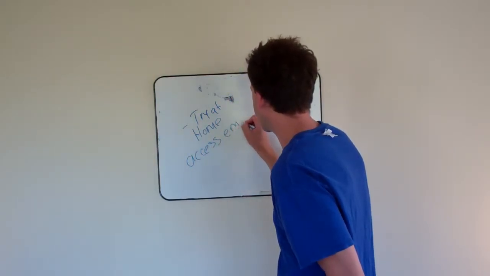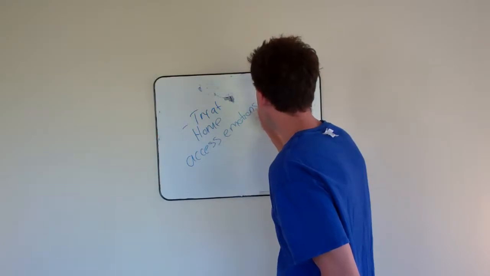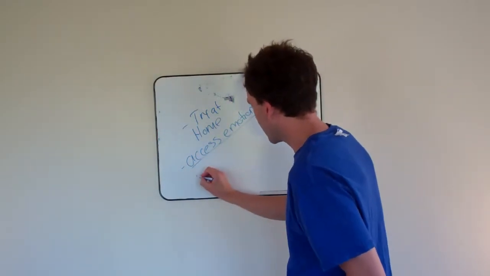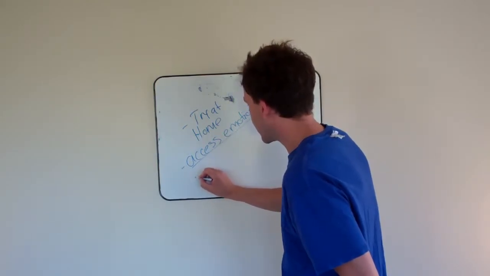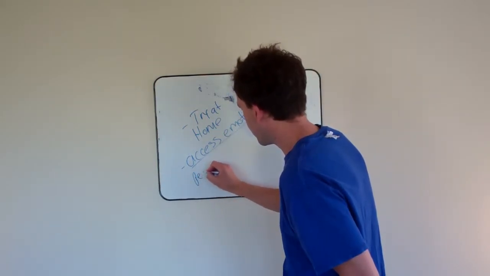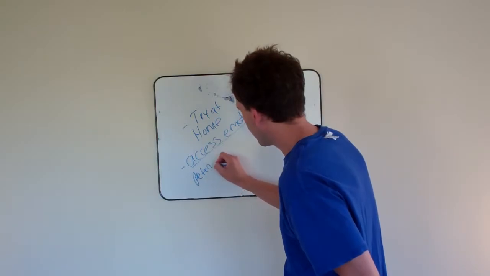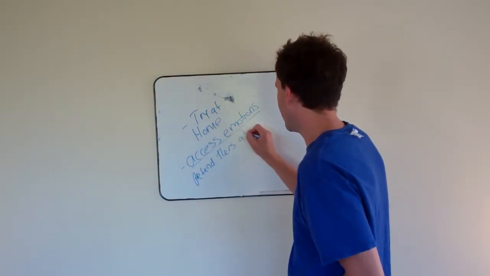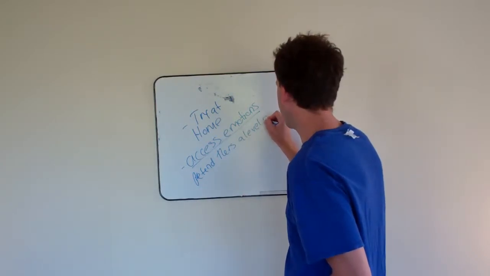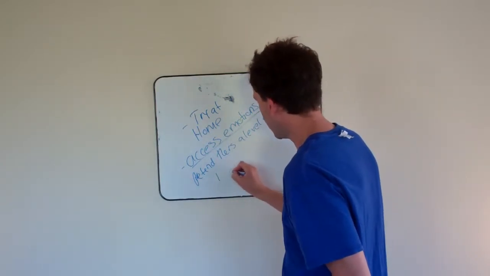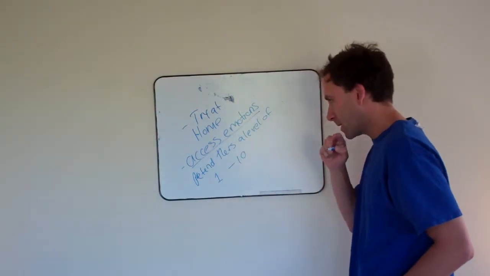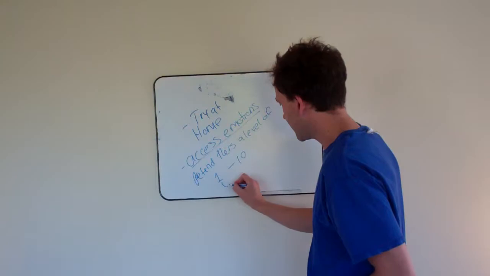Access emotions. Pretend there's a level of 1 to 10. Start low.